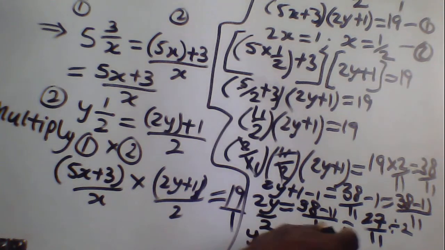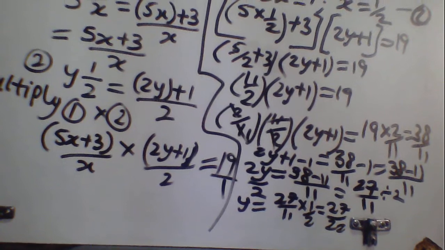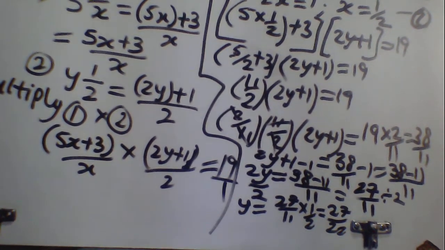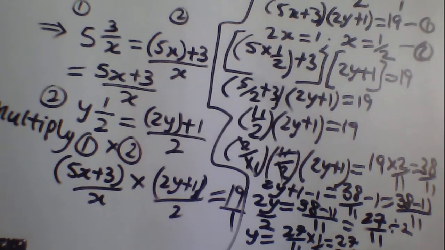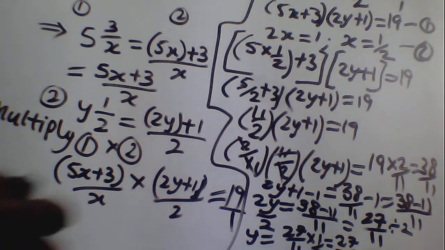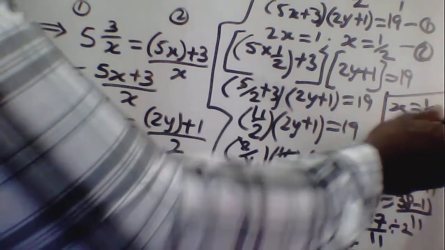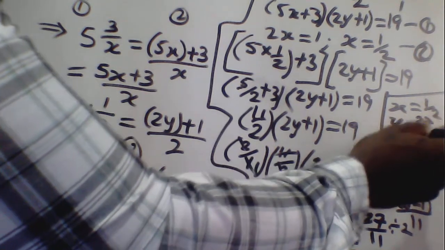So this will give us 27 over 22. Y will be equal to 27 over 22. So these are the values of y and x. So we have already gotten what we are looking for. x is half and y is 27 over 22.